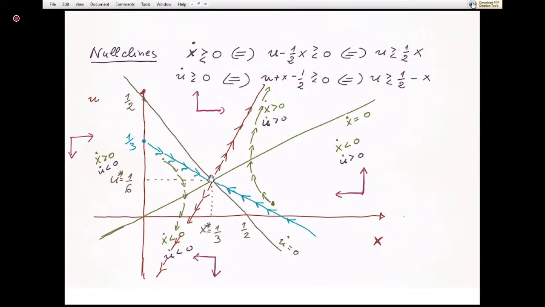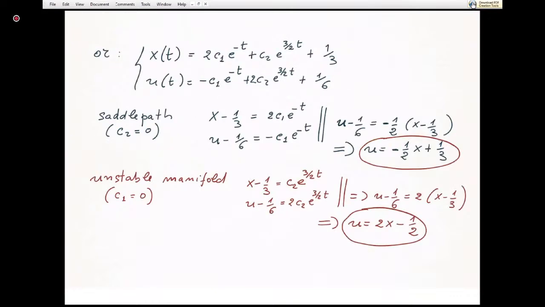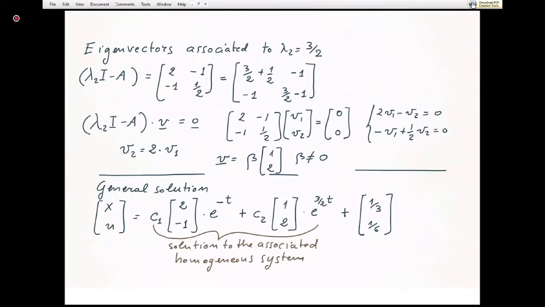Of course, the two straight lines necessarily intersect in the steady state. The saddle path and the unstable path necessarily intersect in the steady state. And the reason is that when you are at the steady state, what you do is to set simultaneously C1 and C2 equal to 0.